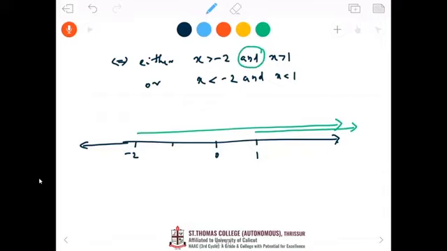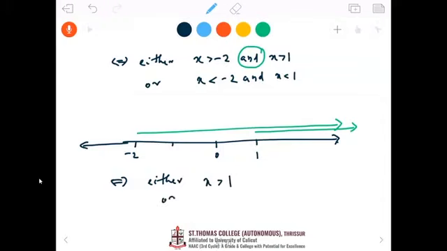So both should happen at the same time. X must be greater than minus 2 and x must be greater than 1. When will this happen? So this implies and is implied by either x greater than 1. If x is greater than 1, then x is greater than minus 2 also.